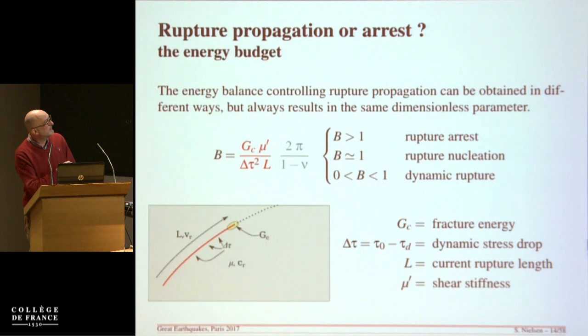And then you have this term here, which is the energy dissipation by the rupture propagating process close to the tip of the propagating rupture. So these are essentially four parameters, and combined together they give you something between 0 and 1, that tells you how likely the rupture is to propagate, arrest, or even nucleate.